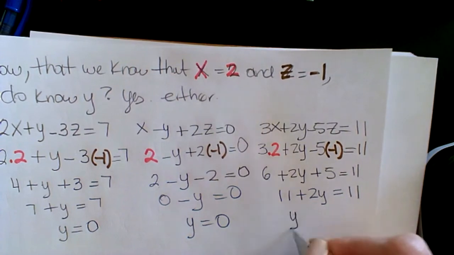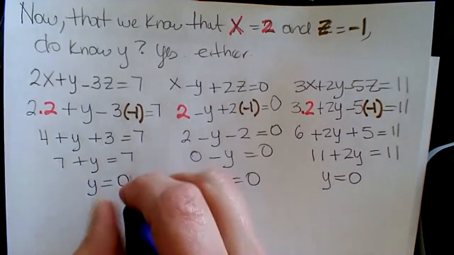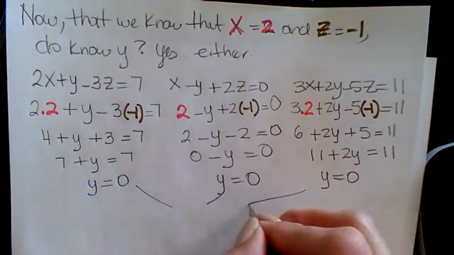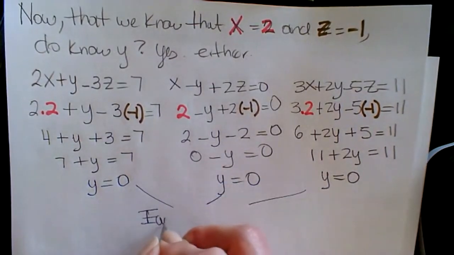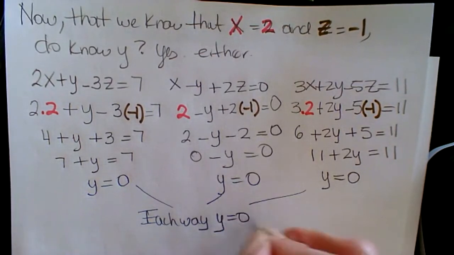So what do we get? Y is equal to 0. So each way that we did it was y equals to 0.